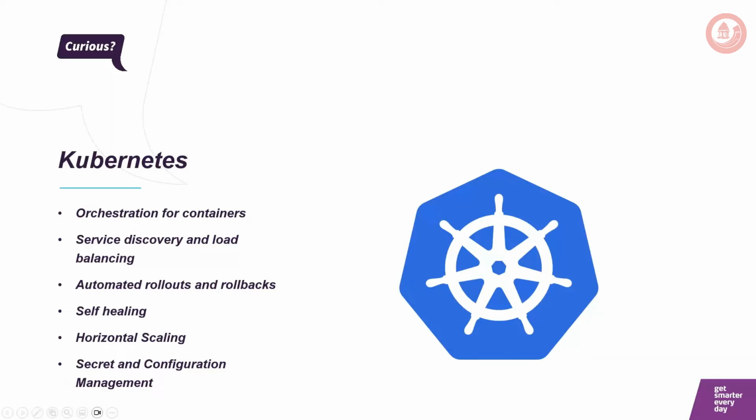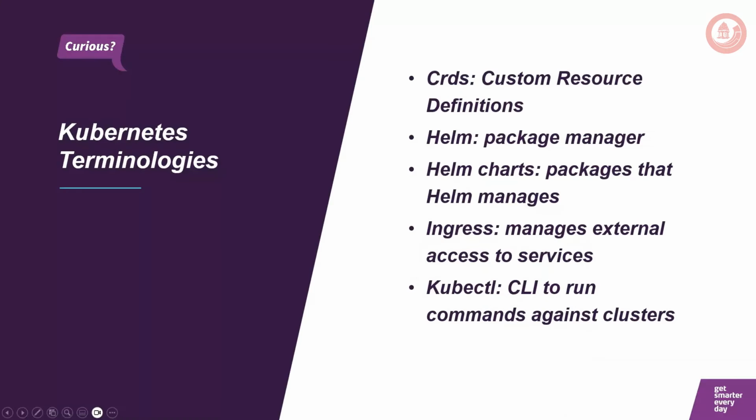Some of the terminologies that will be useful to understand the Solr operator and deploying Solr operator: CRDs, custom resource definitions, Helm and Helm charts. I can speak about them together. When we are developing a .NET application, for example, we use the NuGet package manager. Helm is kind of similar.